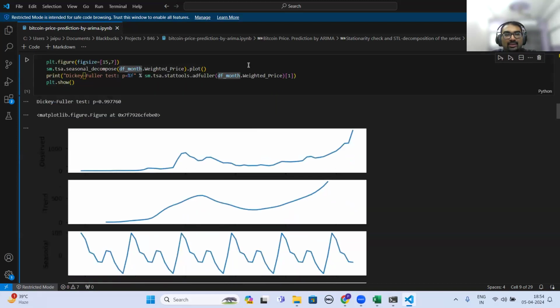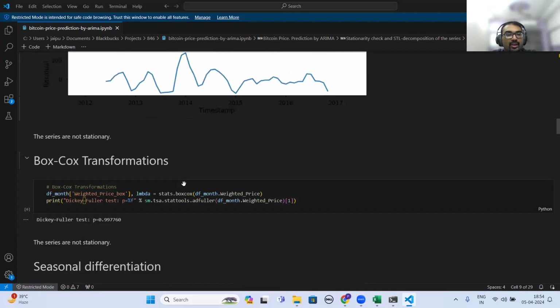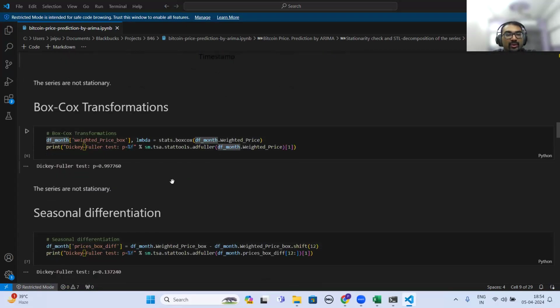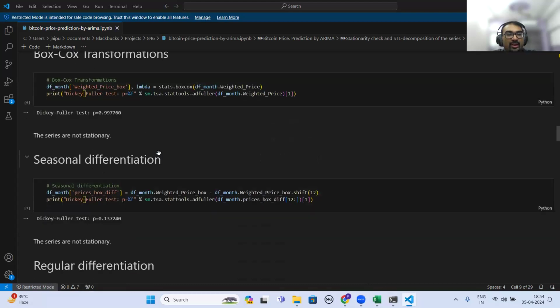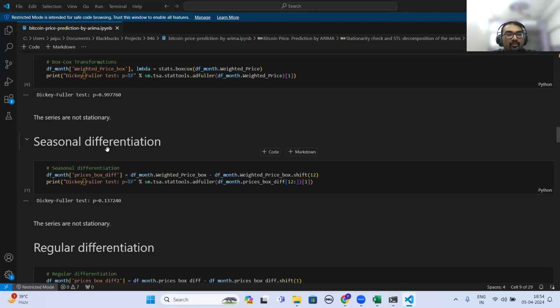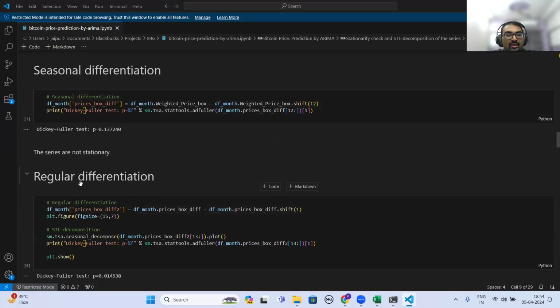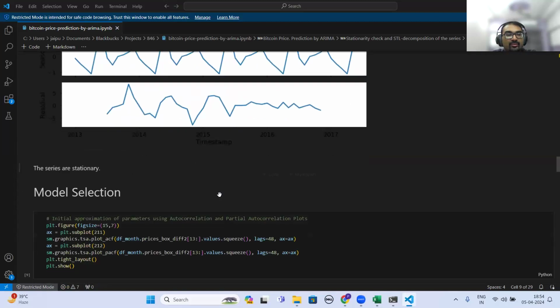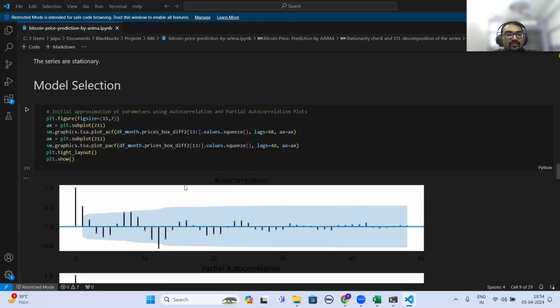And now after this is done, next there is Box-Cox transformation. So this is just transforming the data in a particular way, then seasonal differencing, regular differencing, model selection. So this is basically the autocorrelation, and autocorrelation is whether after a particular interval, this particular portion is something with which you are expected to work.